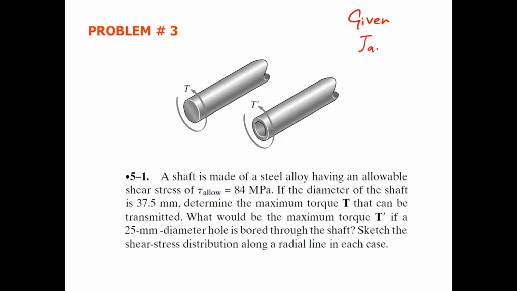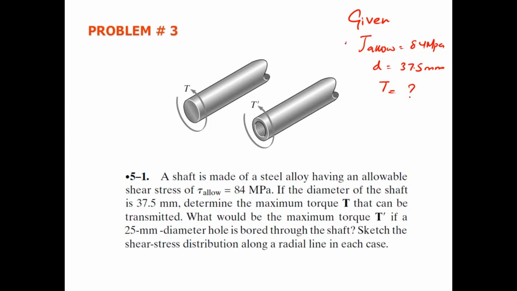Tau allowable is 84 megapascal. Diameter of the shaft is given 37.5 millimeter. Now determine the maximum torque T. So this is our required. We determine the maximum torque T that can be transmitted.